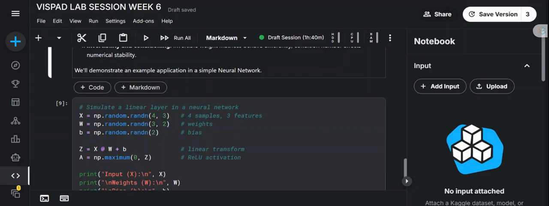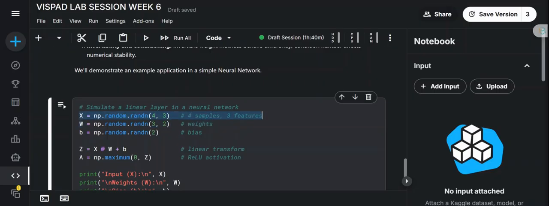In this case, we have a data set with features X. We have four samples in the data set, and each sample has three features. We are going to use numpy.random.randn, which picks random values and creates a 4 by 3 matrix for us, which corresponds to four samples and three features.